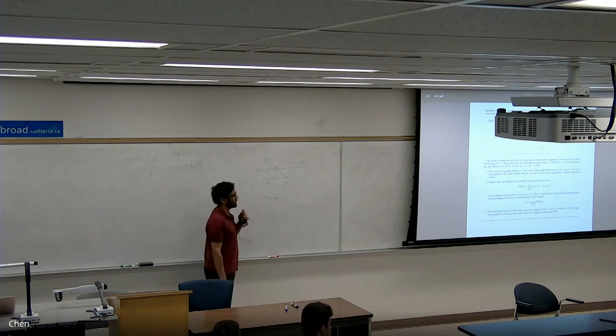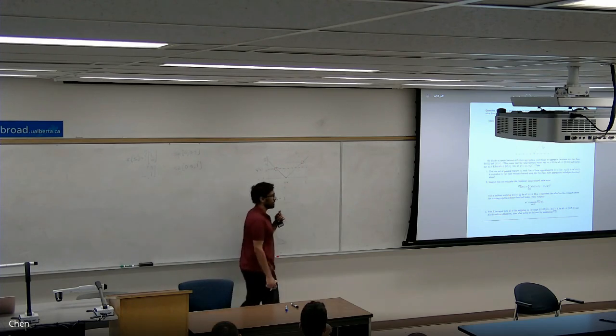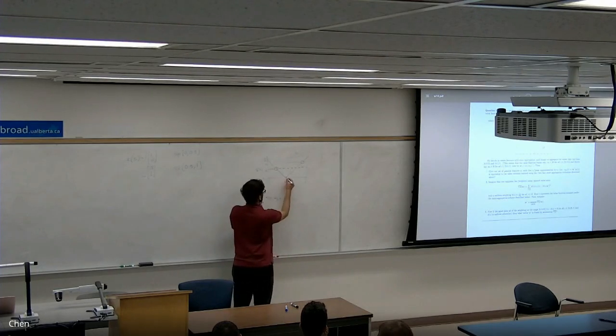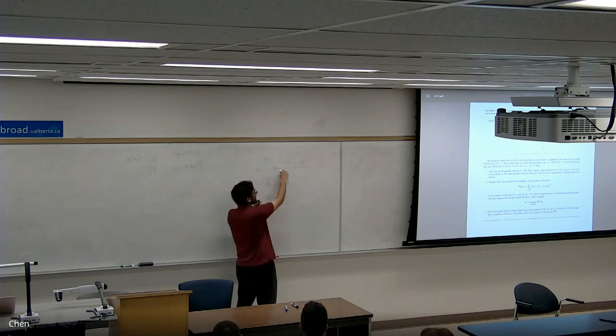What the student is saying is that bin 1 contains 0.5, so its value would be exactly 1.